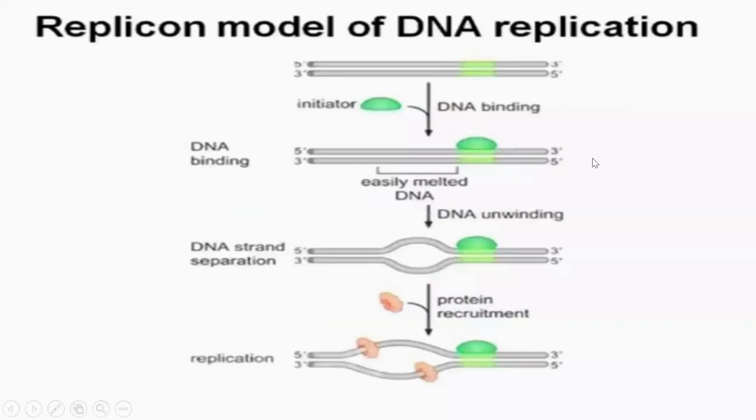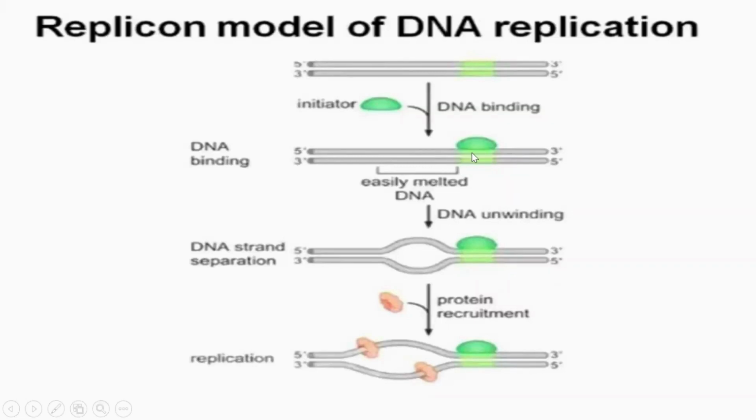In this DNA replication, initiation starts at a specific point. That specific point is known as the initiation point or origin of replication. At this particular point, the DNA replication starts.